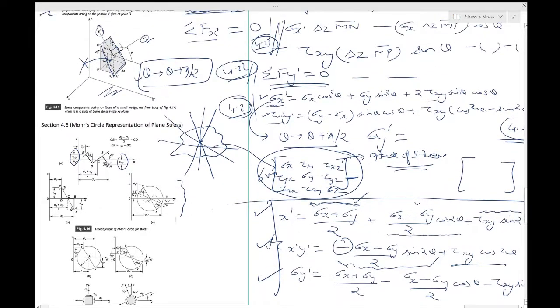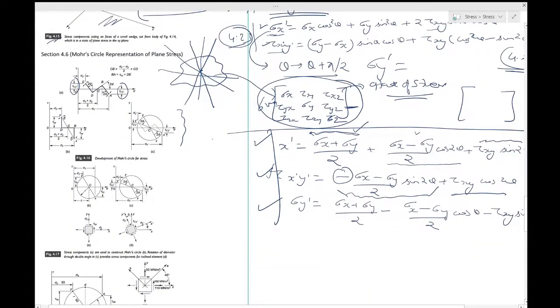This is something which you already have. You can represent the state of stress at O by a rectangular element in figure 4.17a. If you look at 4.17a, you have sigma x, sigma y, and tau xy.